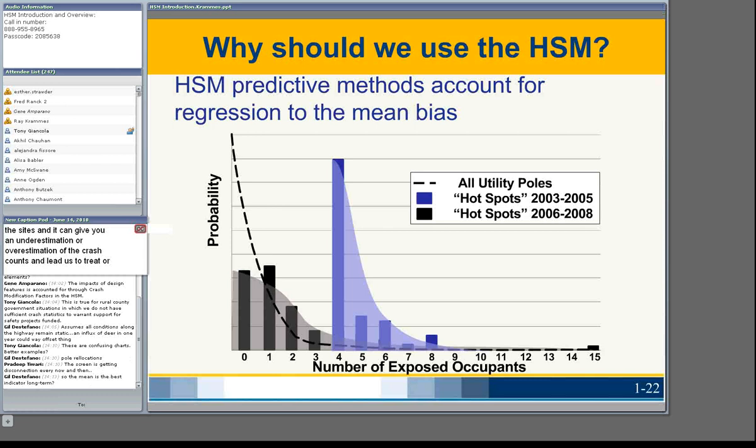What are the base conditions for the SPFs? The base conditions are when the CMF, or the crash modification factor, is equal to a value of 1.0. And these are the design characteristics and traffic control elements.